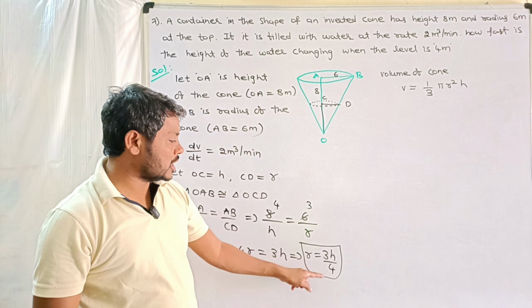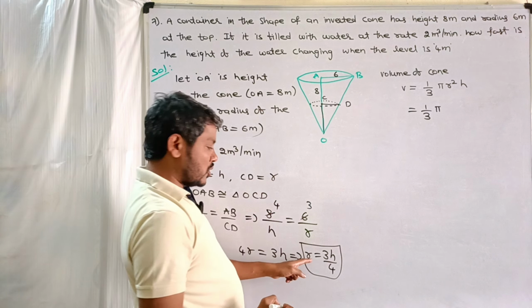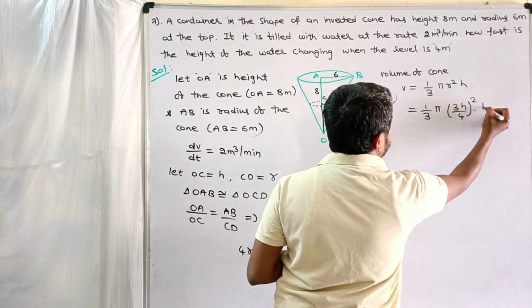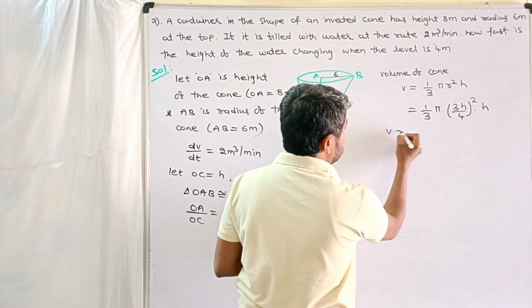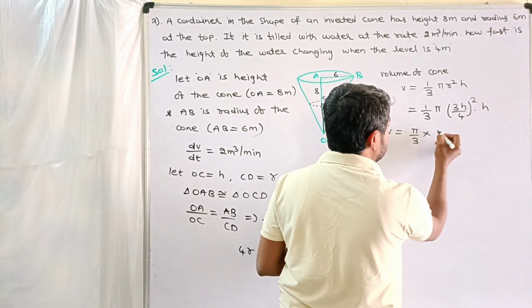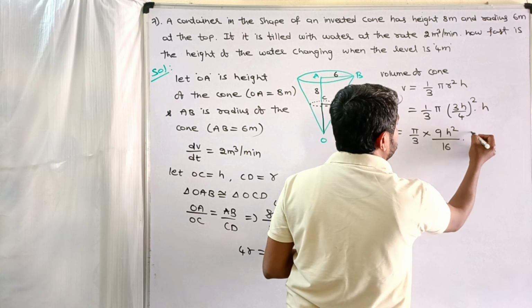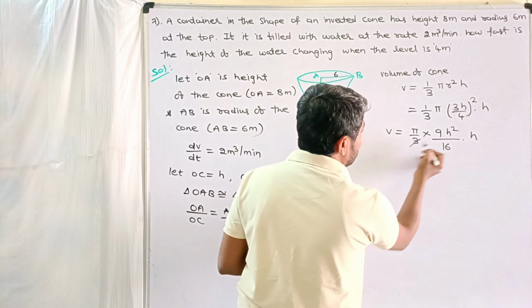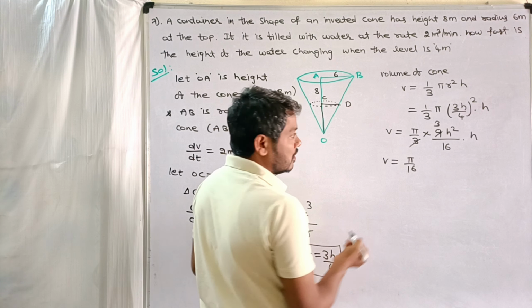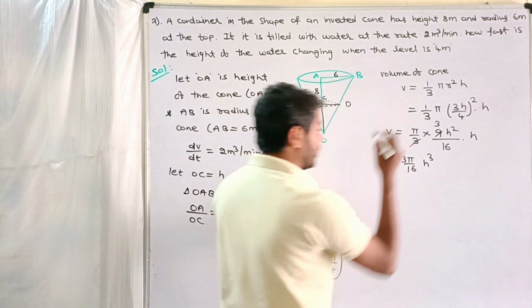And r is 3h by 4, substitute there: 1 by 3 into pi into the square of 3h by 4, into h. Therefore, V equals pi by 3 into 3 square, that is 9, h square, 4 square is 16, into h. So 3 ones, 3 threes. Therefore, V equals 3 pi by 16 h square into h, that is h cube.